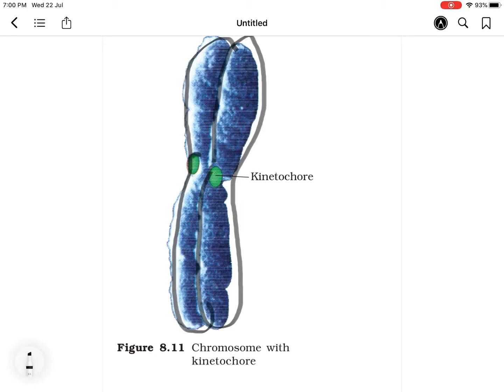In the center, the centromere is located, and this centromere portion is covered or packed by a disc-like structure known as the kinetochore. This portion is showing a chromatid, and here two sister chromatids are present.